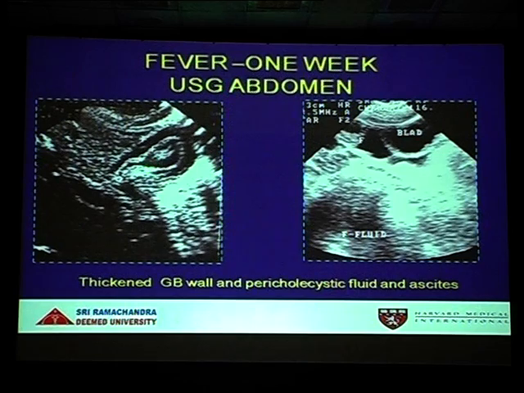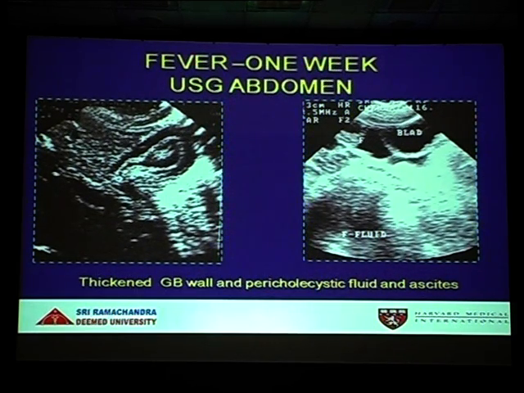And next stage, what will happen? Polyserositis. Fluid may be accumulated in the pelvic region, right pleural space, left pleural space, pericardium, and both paracolic gutters. So that is a classical feature of dengue fever.